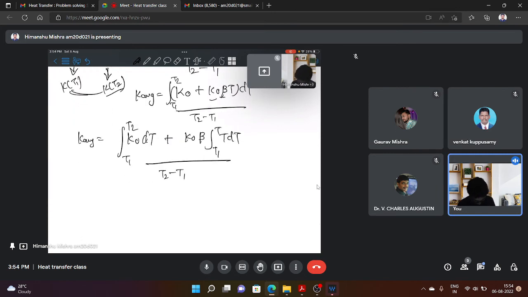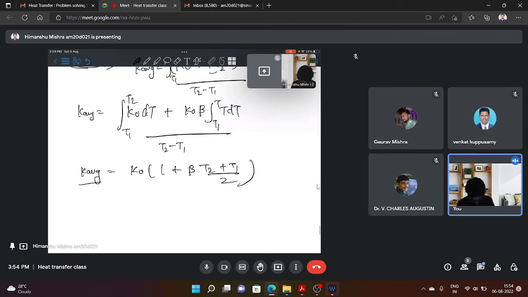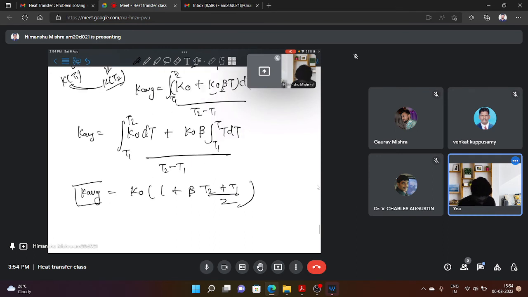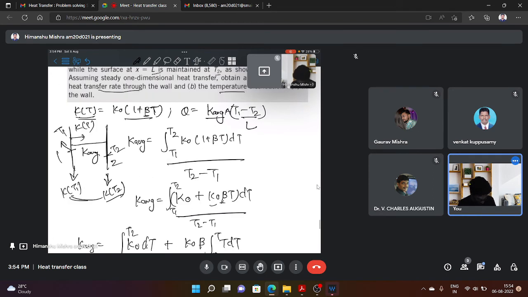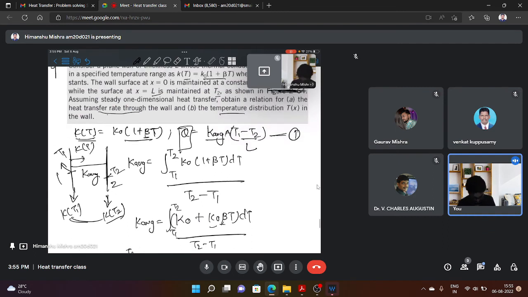And on solving this, we can write, so this will be my k average, average thermal conductivity, and I can use this expression in Fourier's law here to find my heat transfer rate through the wall.